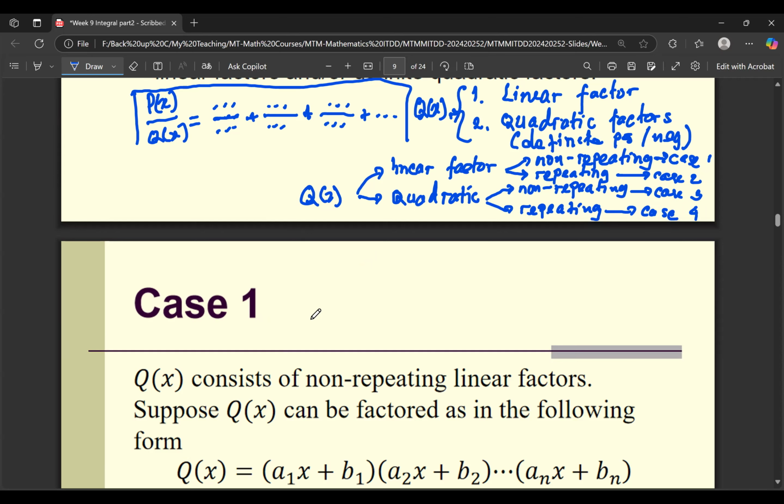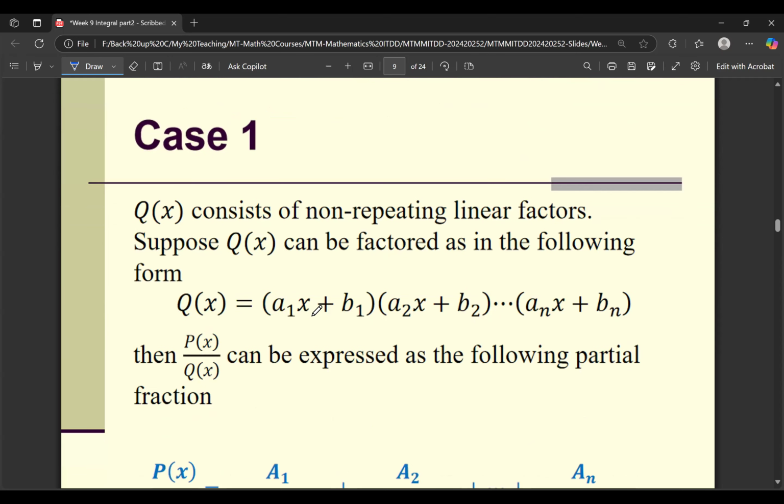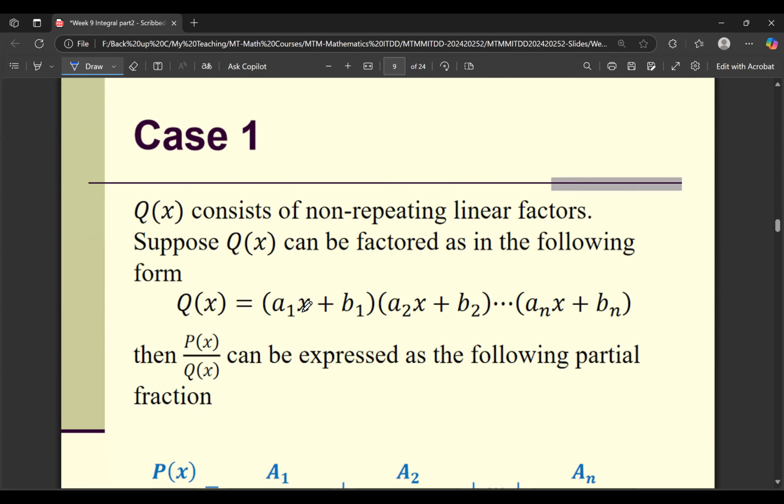Next, we want to go into detail about case one, case two, case three, and case four. Case one says that Q(x) consists of non-repeating linear factors.